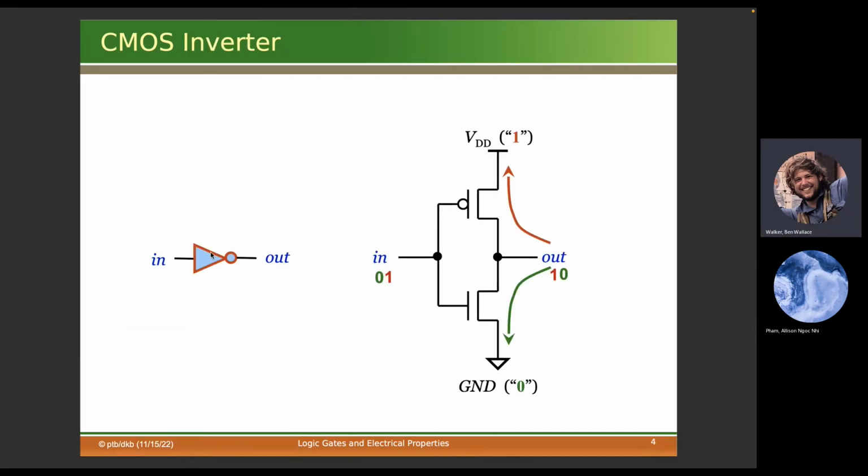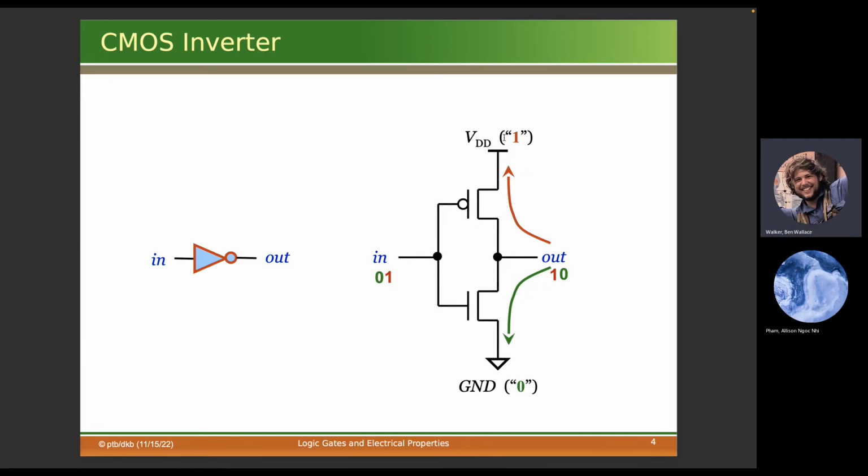So this is a CMOS inverter. We have a PMOS on top and an NMOS on bottom. The question to ask yourself in these circuits is: is the output being pulled up or pulled down? Here, when the input is 1, I like to think of this little dot as the inverter, so the PMOS sees a low signal, which means this is open.